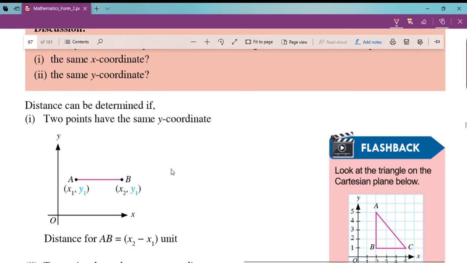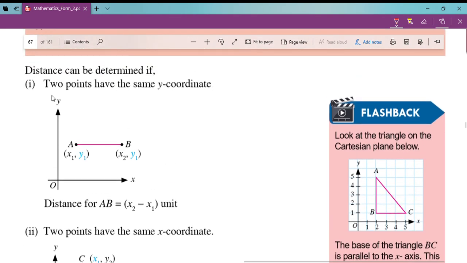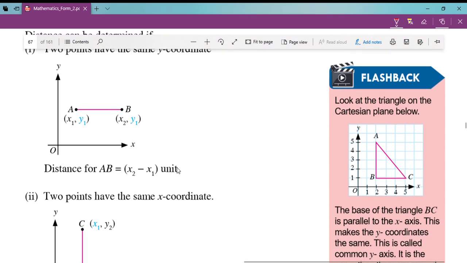So here is the formula. Actually, you already learned it. If you have the same y coordinate, if the y is the same, that means we compare x. That means the line is moving horizontally. So for sure, you're going to use the larger value, which is x2 minus x1. Remember, the large value is always on the right-hand side.